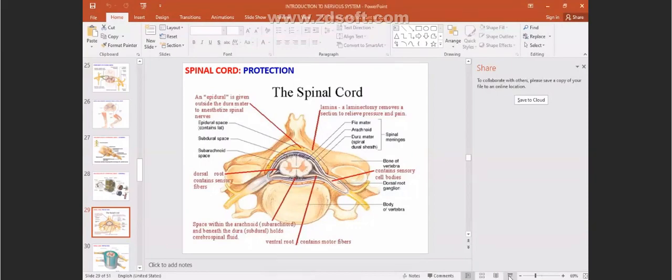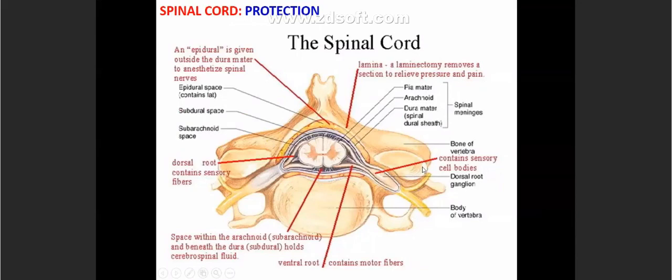So these structures protect the spinal cord just like the brain: bones, dura mater, outer protective dura, arachnoid. Yeah, their arrangement is the same. The only exception is that the dura mater has a single layer, not dual layers.